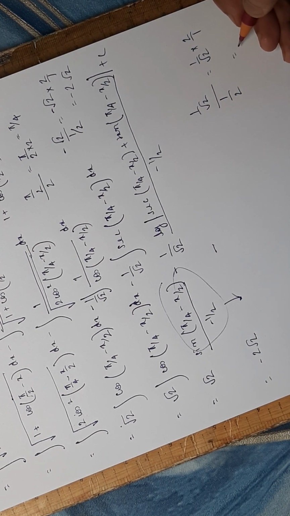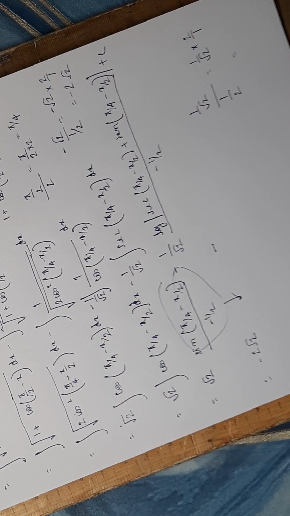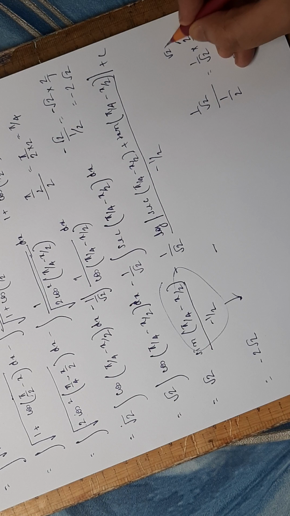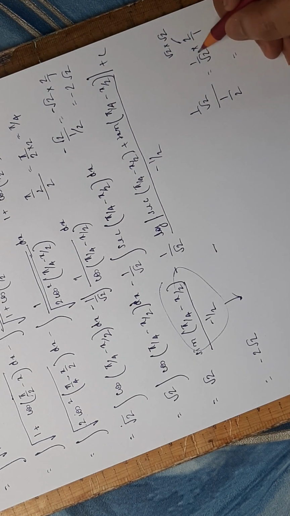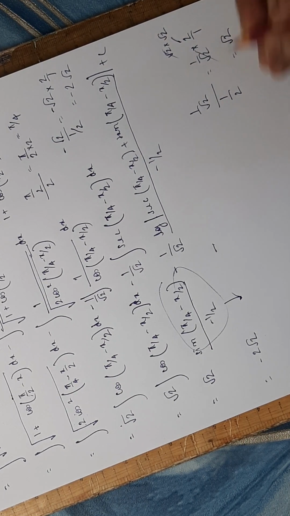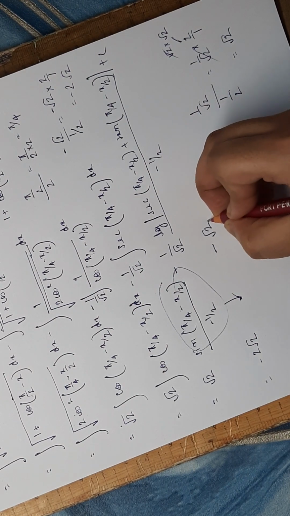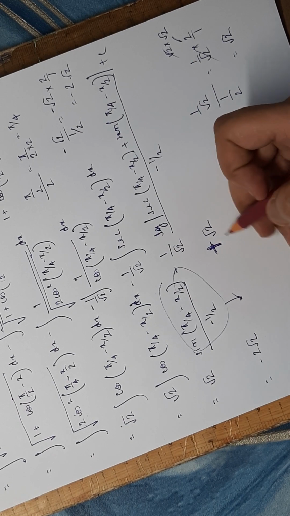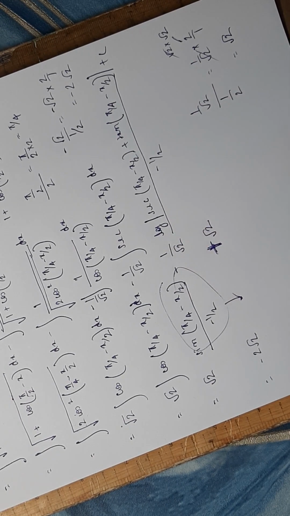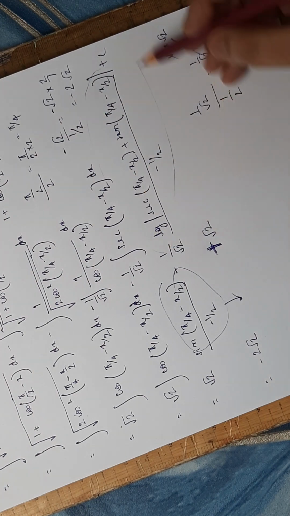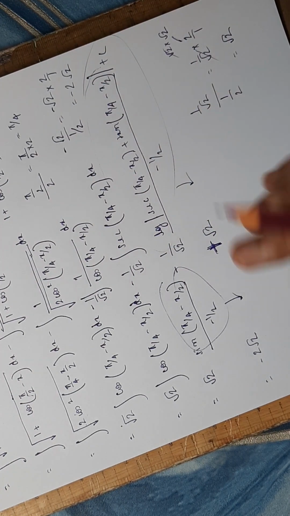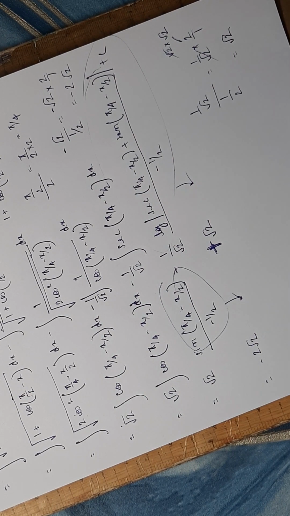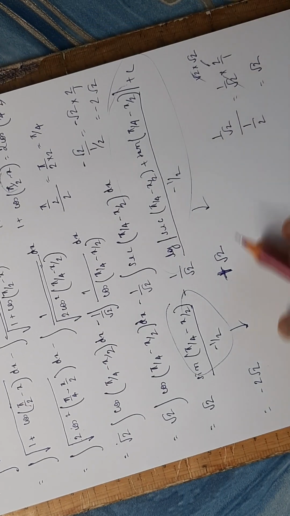Two can be written as root 2 into root 2, so one of the root 2's will get cancelled and we will be left with a root 2 here. And it will become plus; this will no longer be a minus, it will remain a plus. Then you put this entire thing including the plus c here. I'm not writing it anymore because it's no longer required, but you please write it down.